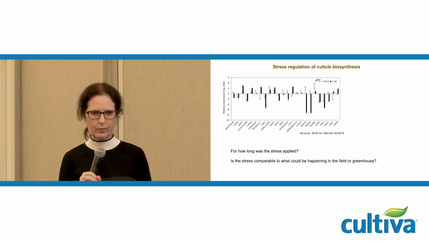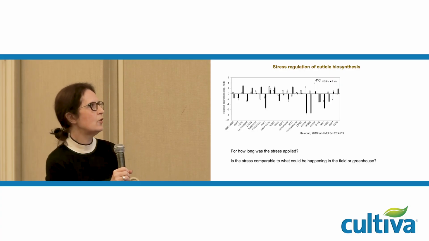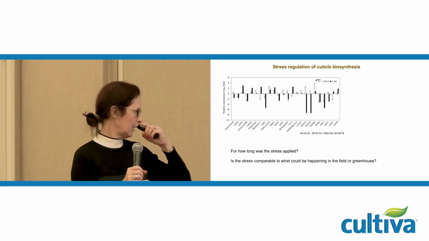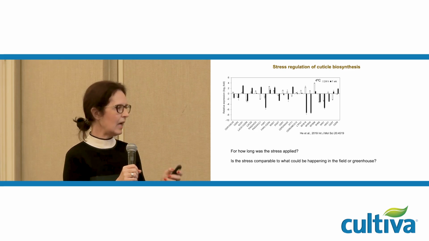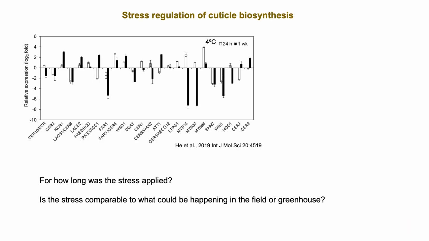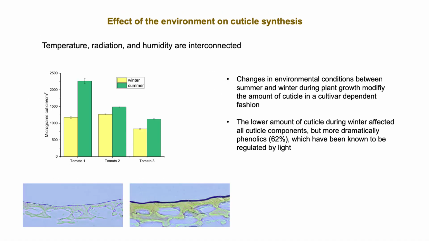So what I would like to show here are some of the results we've been gathering in the lab over the last 20 years in order to understand how the cuticle is modified by the environmental conditions and some cultural practices. Here we have an example. Tomato.